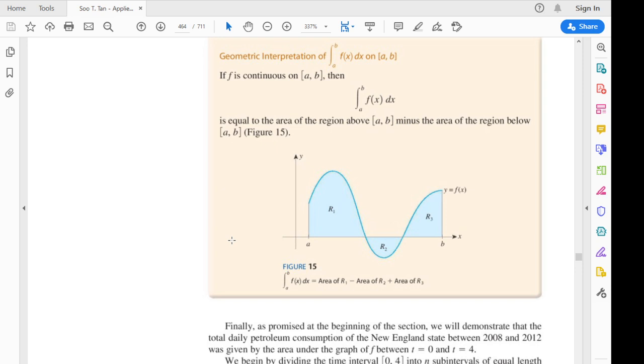That's something you'll get more into in Calc 2. But just be aware for right now, you would have to calculate actually 3 separate integrals.